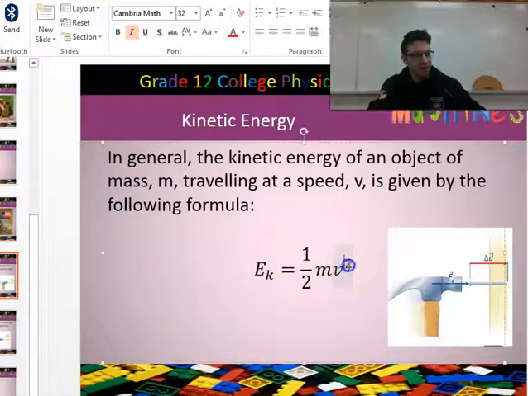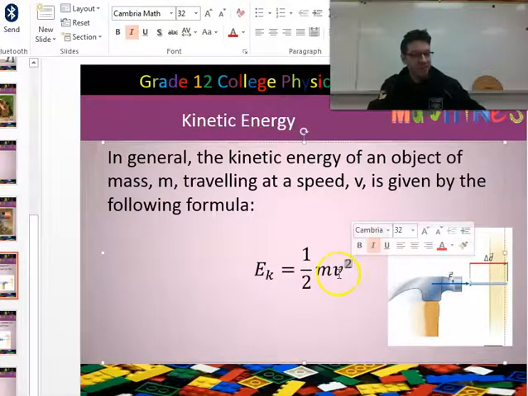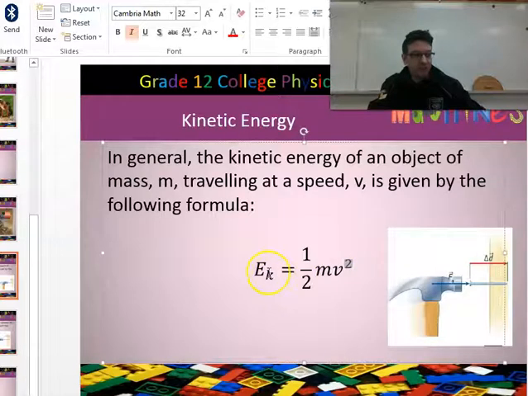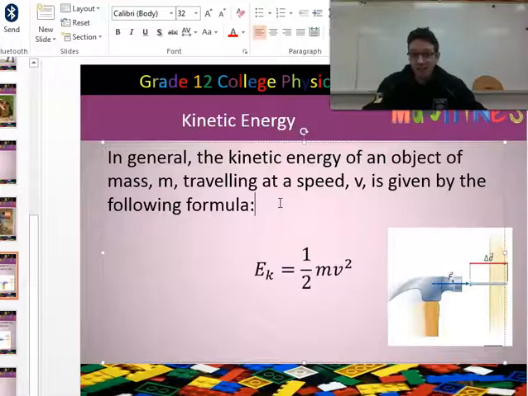And that squared is very, very important. What that means is if you double your speed, you quadruple the amount of kinetic energy. Put another way, if you're driving at 50 kilometers per hour and you increase your speed to 100 kilometers per hour, you quadruple the distance it will take for you to come to a stop.